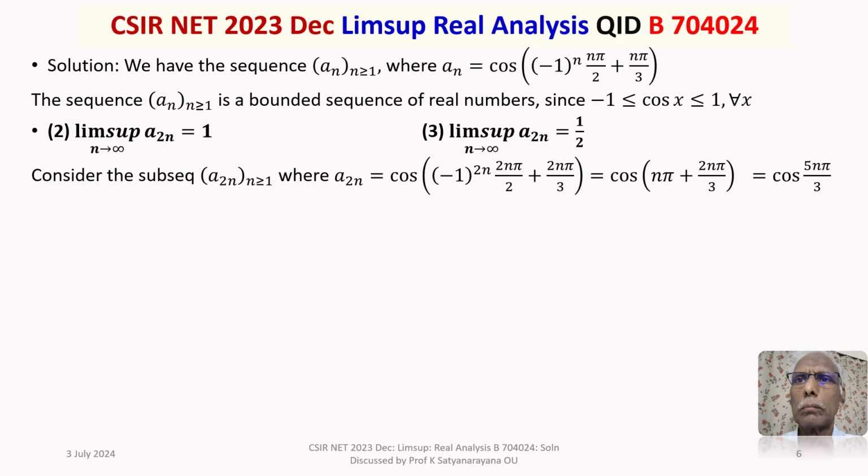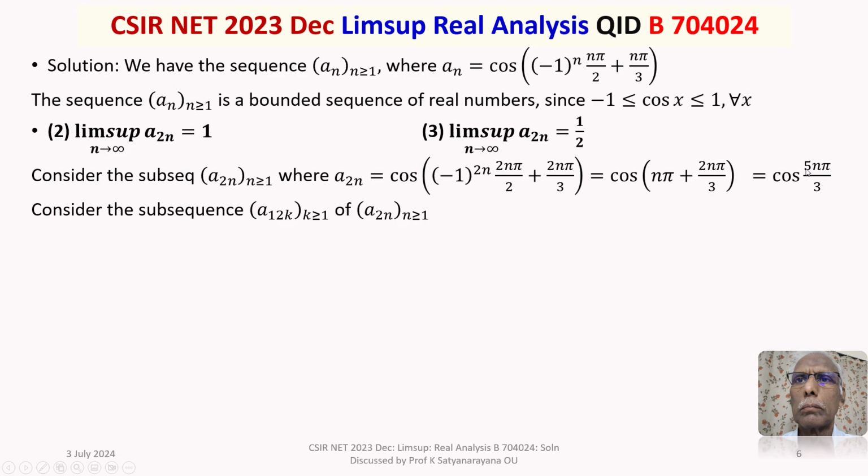Consider the subsequence a_12k, k greater than or equal to 1, of a_2n, n greater than or equal to 1. Why all of a sudden a_12k? What we have done is, n is 1, we have seen, n is 2, n is 3, n is 4, n is 5, n is 6.